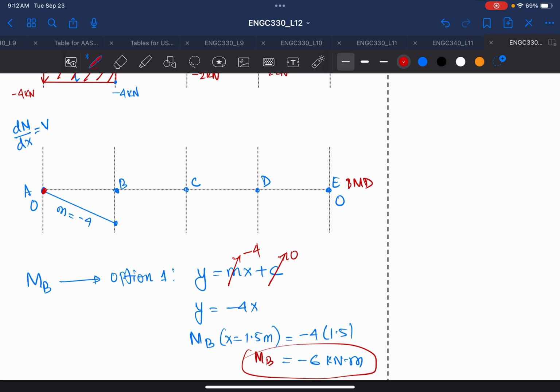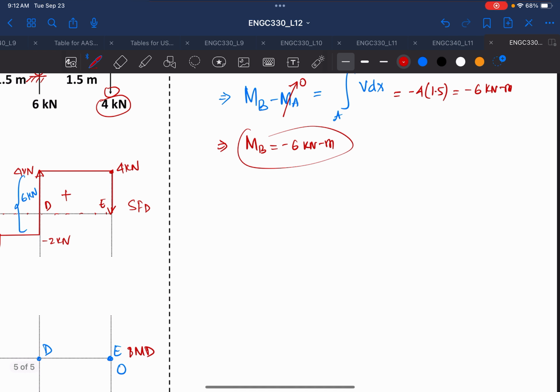But I recommend that in the structural analysis course, you use the shear force diagram, because in your FE you'll be given a shear force diagram, and they'll ask you what is the moment at point C or point D. What they expect you to do at that time is to use this concept that the moment from point A to point B is equal to the integration of the area from A to B. So this will be your minus 6 kilonewton meter.